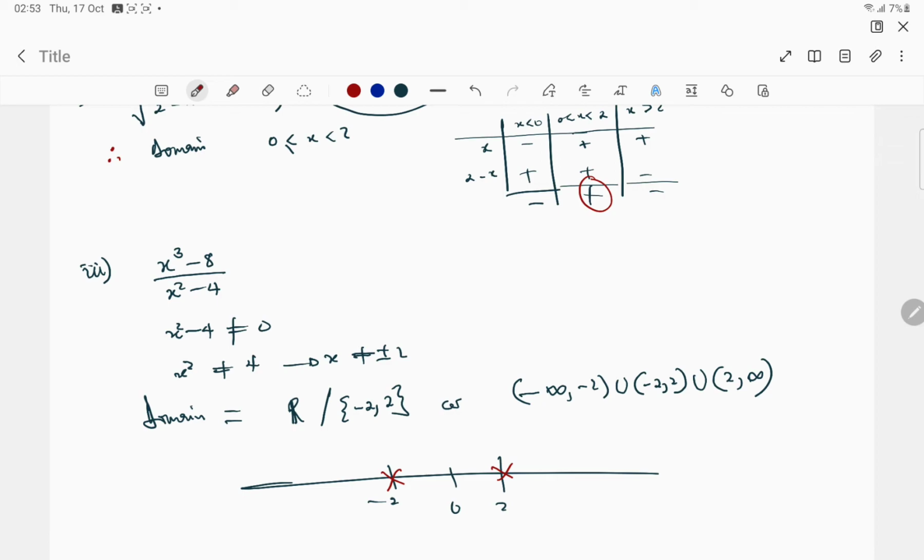Just like that. So the points which we'll be eliminating are minus 2 and 2 only. You can write it any way which just excludes minus 2 and 2. You can even state that the domain is all values in R except minus 2 and 2.